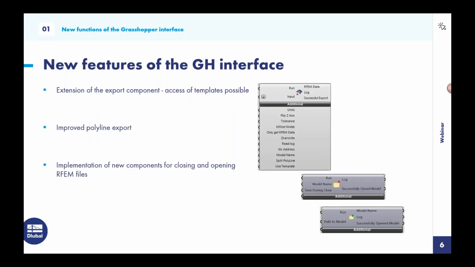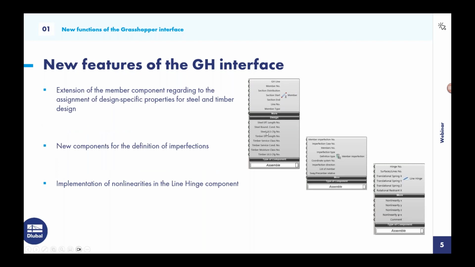The next new features: it's now possible to access the templates in RFEM via the export component. So for example, we can now define design properties for steel and timber in a template in RFEM, and these defined design properties we can access with the member component in Grasshopper.